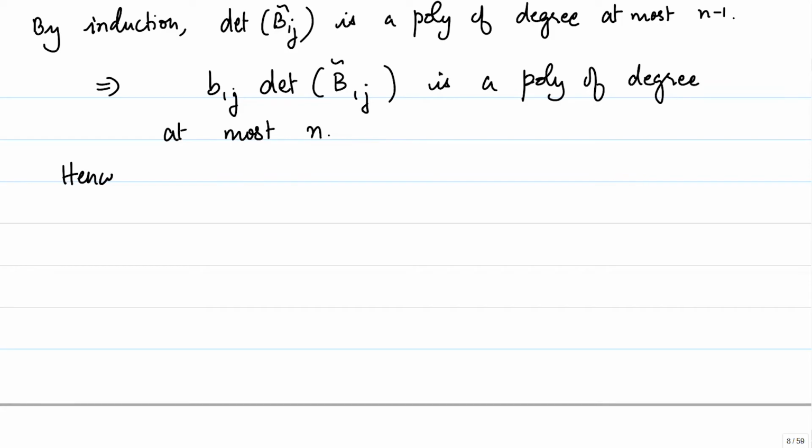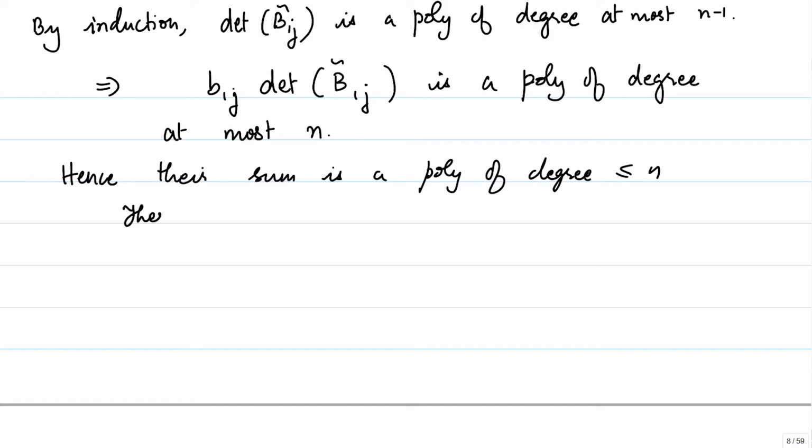Hence, their sum is a polynomial of degree less than or equal to n. Therefore, the determinant of B is in Pn of R. So we have established the result.